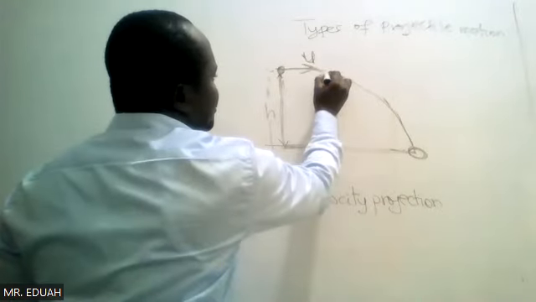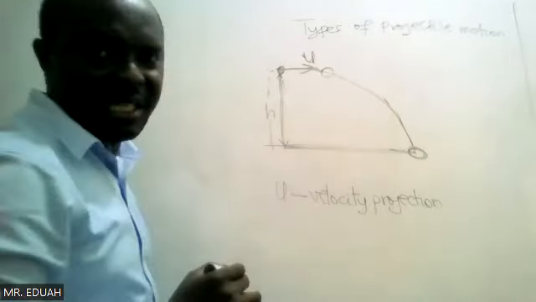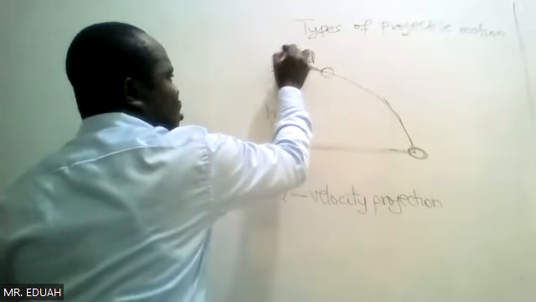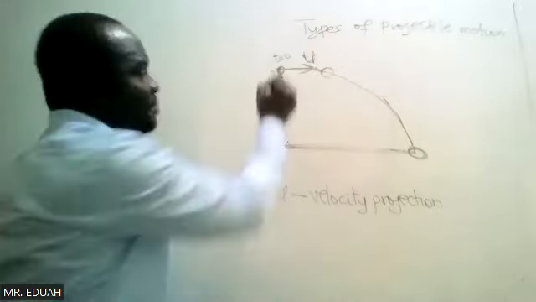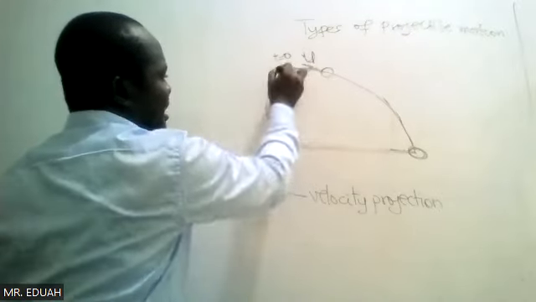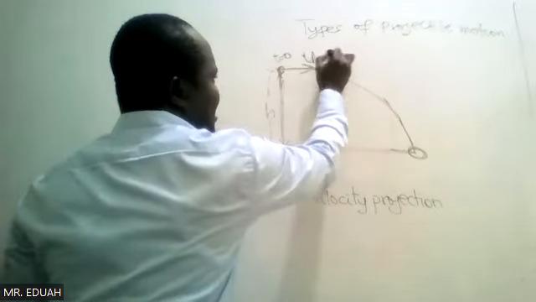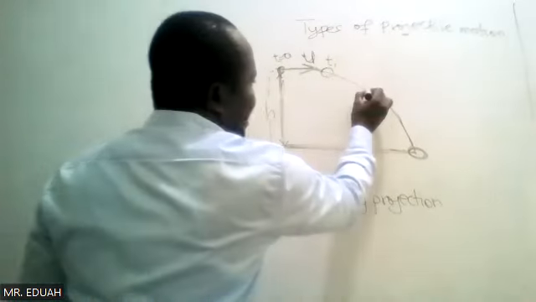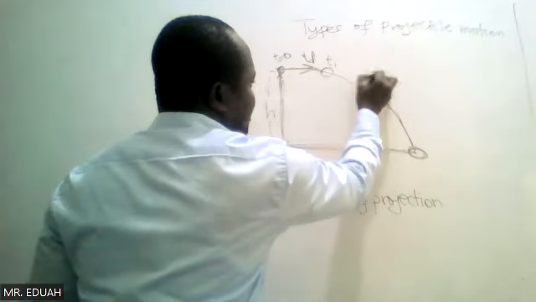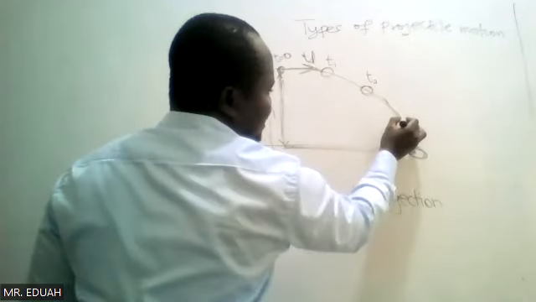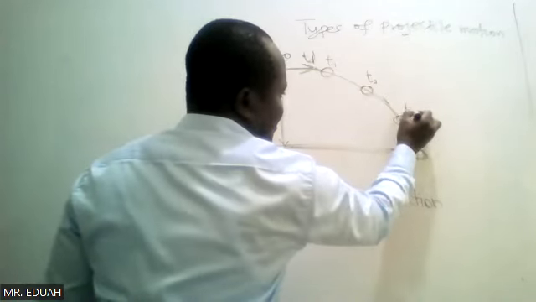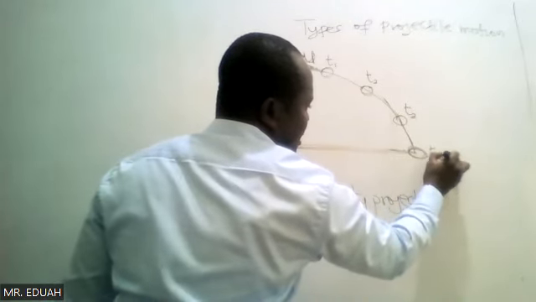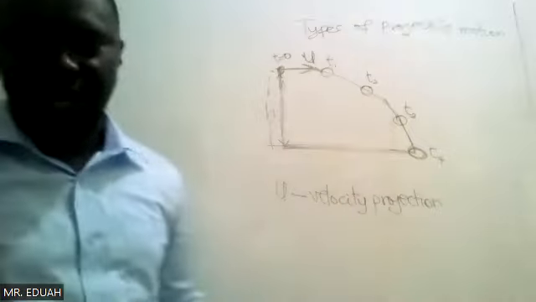Let's assume that at a point in time the object is here, and it is at t equals 0. At t1, the object is now here. At t2, the object is here. At t3, the object is here. And finally, at t4, the object is on the ground.